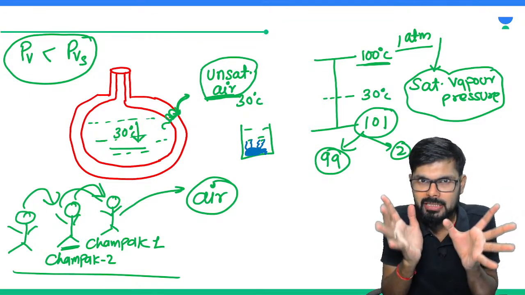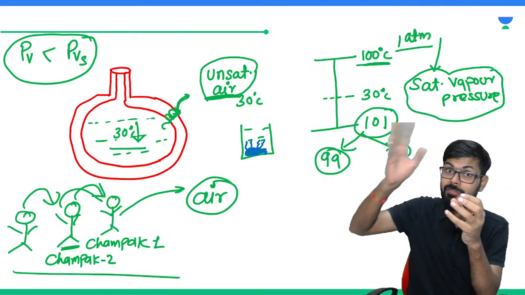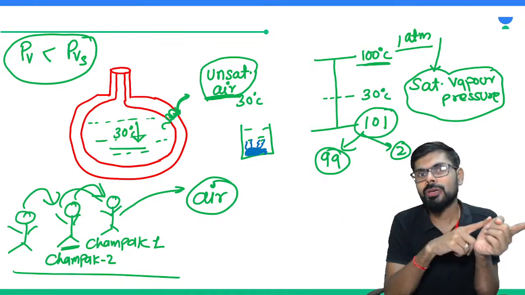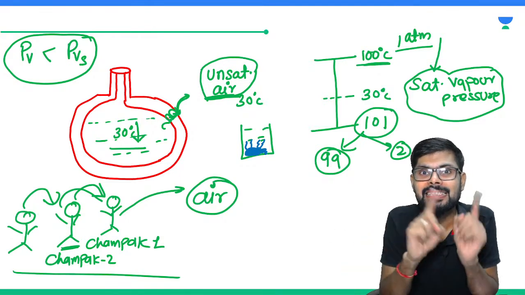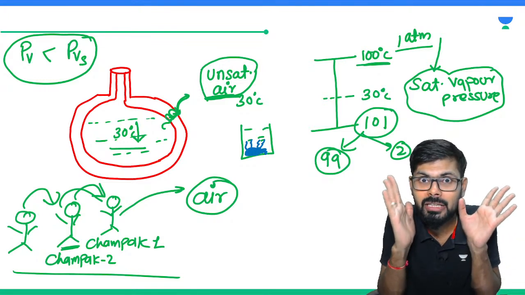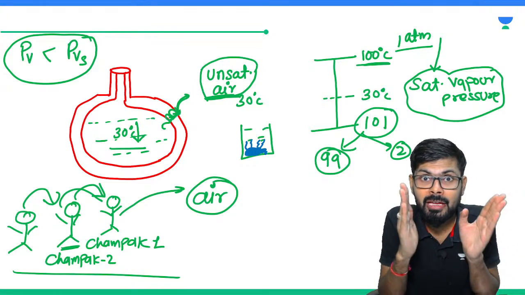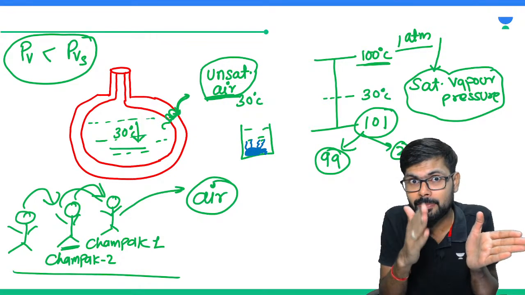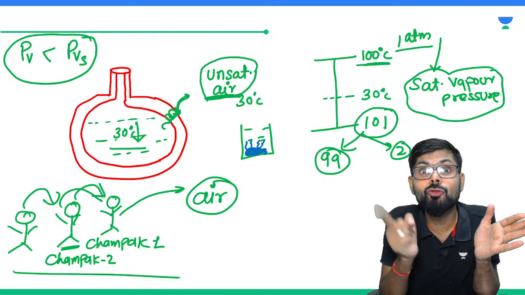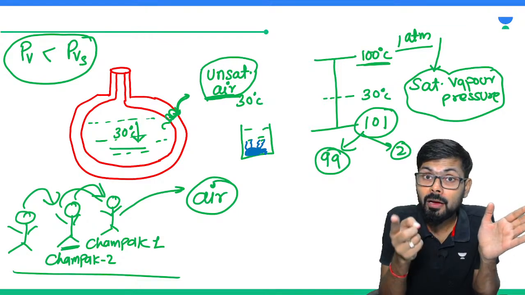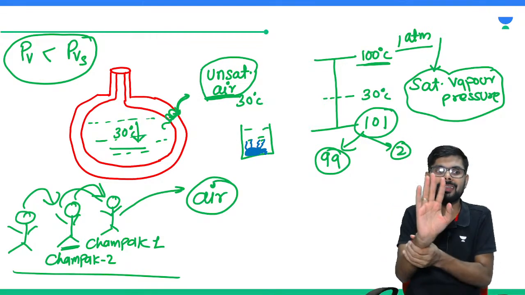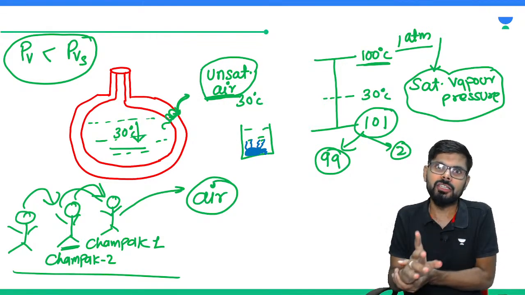In an earthen pot, if the pressure is less than the saturation pressure, then only evaporation takes place, and evaporation always leaves a cooling effect behind. Only this much you need to understand. The rest of the concept I will teach you in psychrometry.